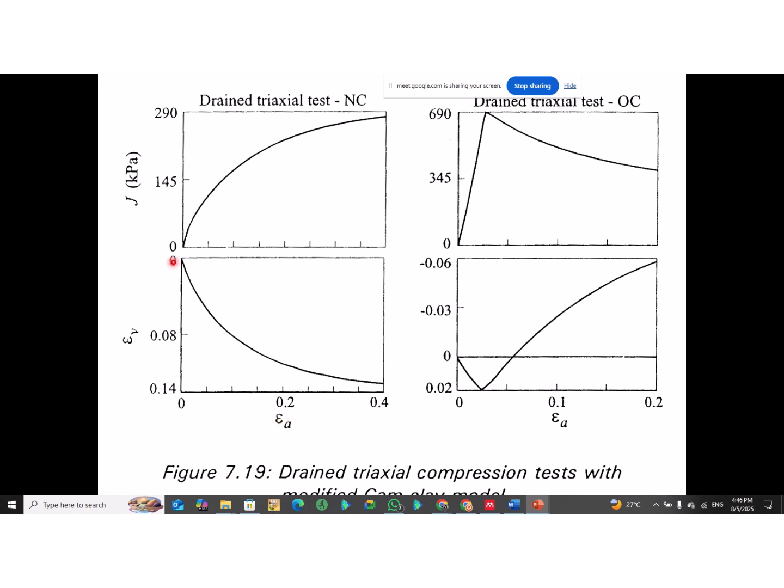One for volumetric strain, and this is axial strain. NC is normally consolidated. If you remember, we have talked about that several times. Okay, so these are the drained shear tests with the modified Cam-Clay model. Now, because now you are seeing this and you cannot relate.